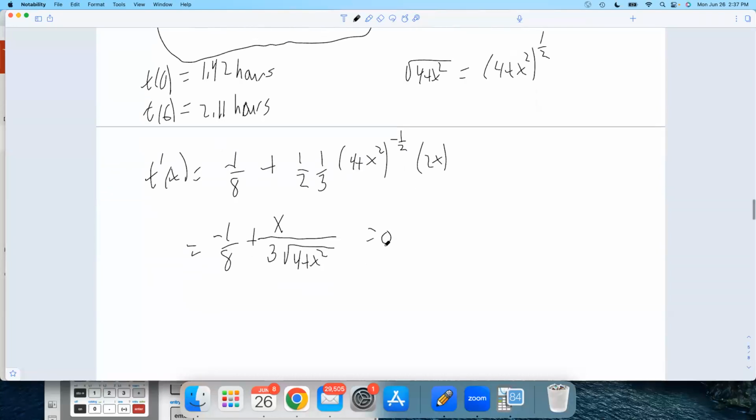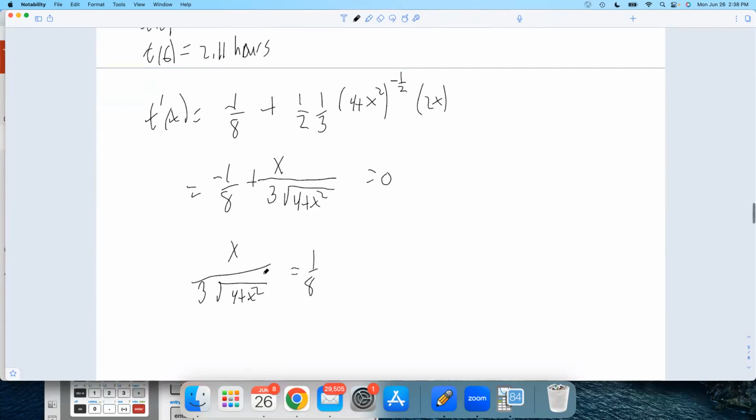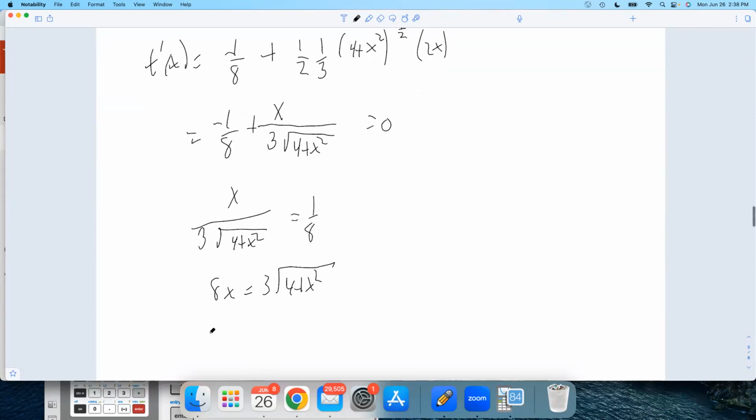Okay, so we've got a little bit of algebra to do here, but we can do this algebra. I'd move that 1/8 to the other side, and then I'd cross multiply. So 8x will be 3 square root of 4 plus x squared. And then to get rid of that square root, I would square both sides. So 64x squared will be, I'm going to write this out, square both sides. 3 squared is 9.